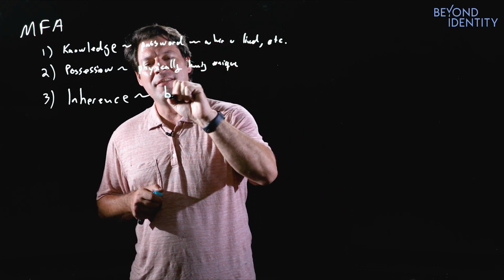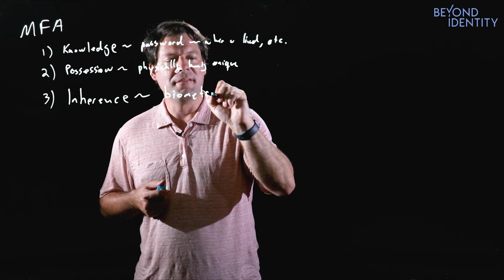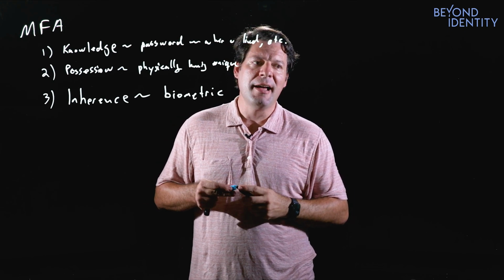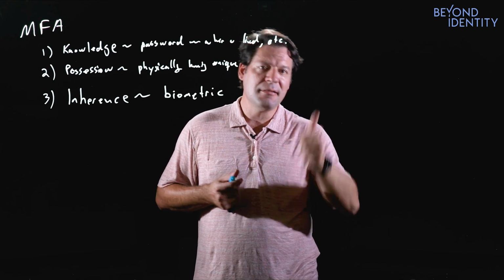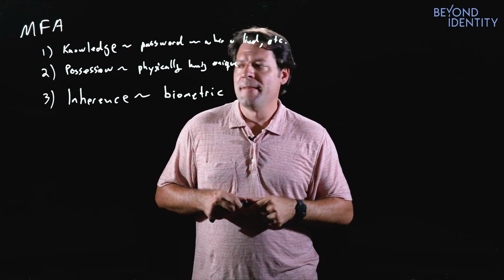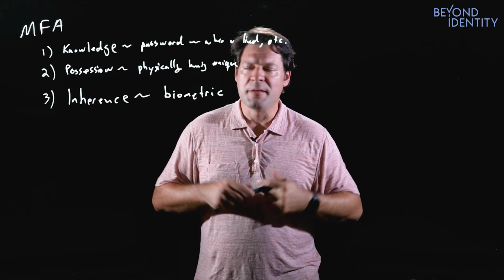But you typically hear of inherence as something that you are. Biometrics are the easiest example to give on inherence. I am Jasson because I have this fingerprint, and this fingerprint is Jasson, or my face, or my iris, or my DNA. Some sort of biometric.